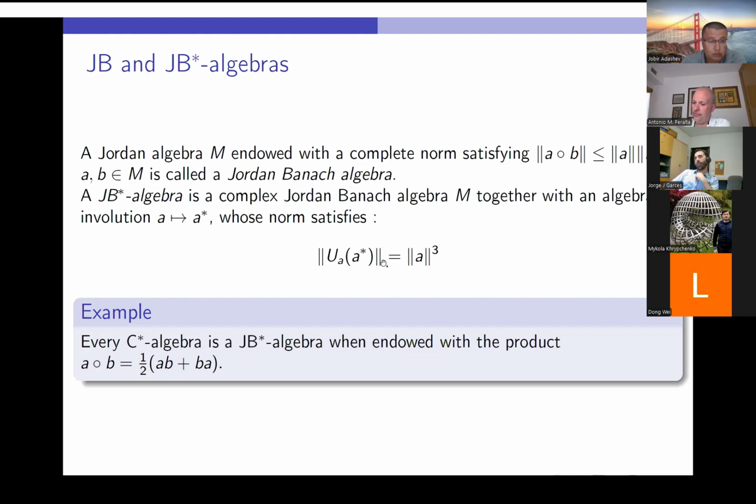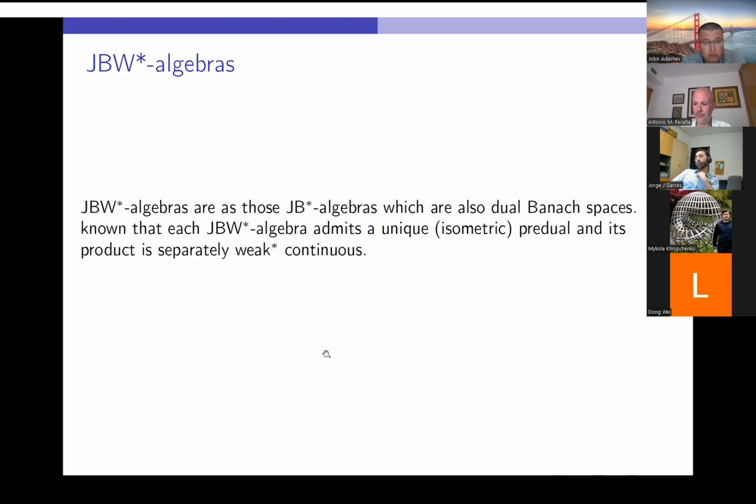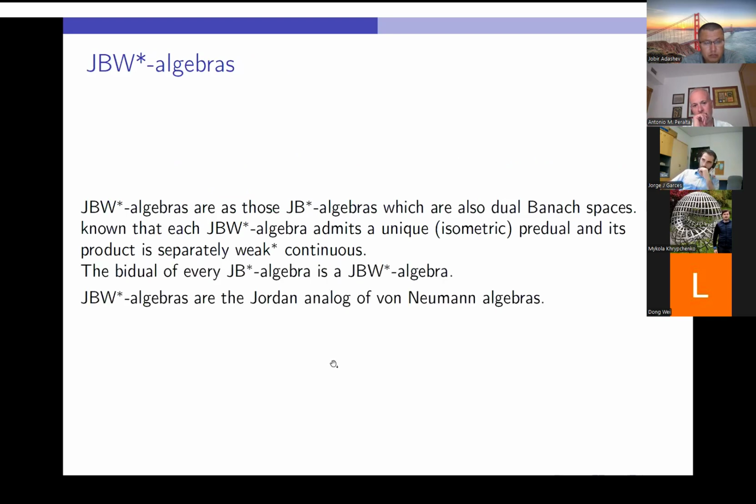So an example of a JB-star algebra is a C-star algebra with its Jordan product, right? Some special types of JB-star algebras are the JBW-star algebras, which are JB-star algebras that are also dual Banach spaces. Okay? So these are the Jordan counterparts of von Neumann algebras.